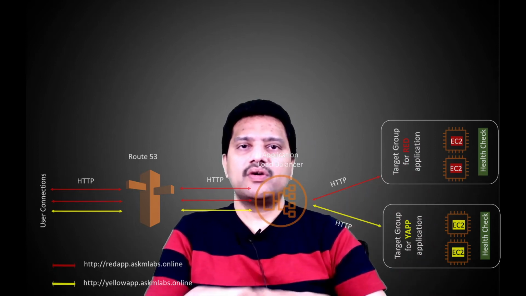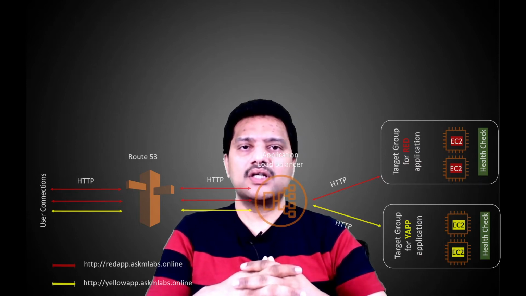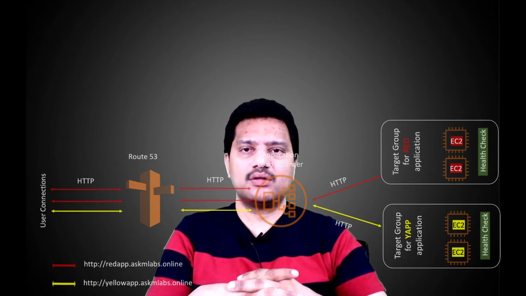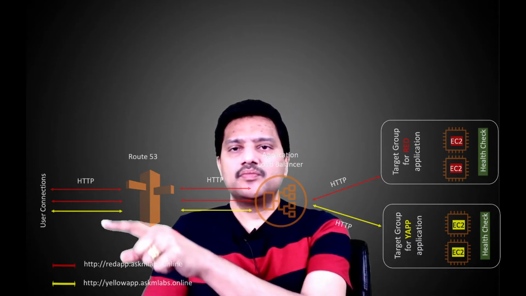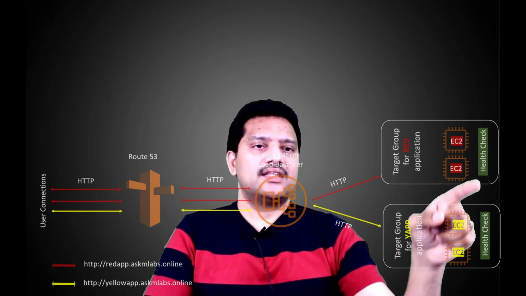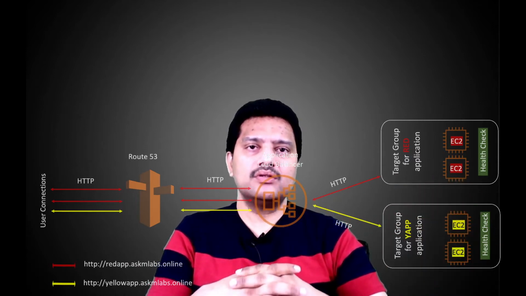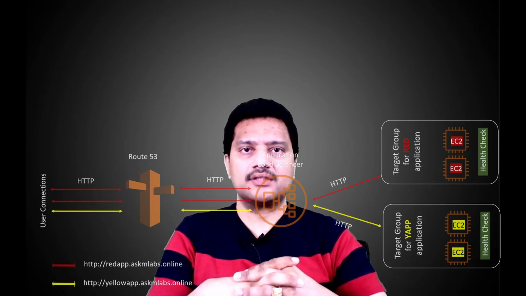When we do the demo, I will show you what rules to define and how to define them. Let me also define the health check here. Health check plays a very important role for client requests using an application load balancer.